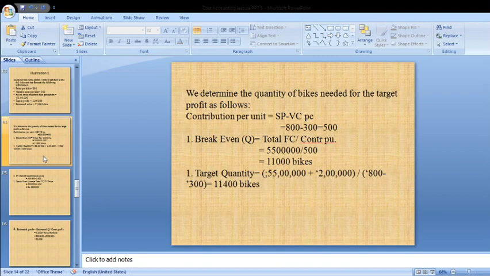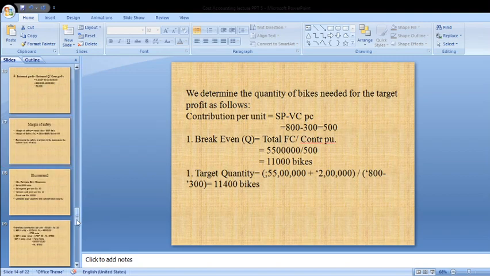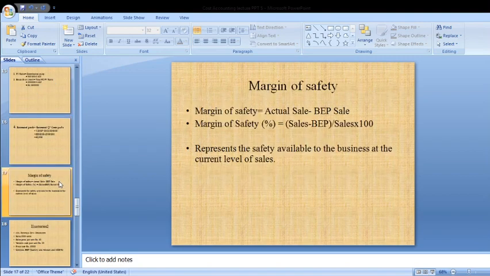I will just show you the formula. Margin of safety is equal to actual sales minus break-even sales. Either in units you can do, or in rupees you can do.